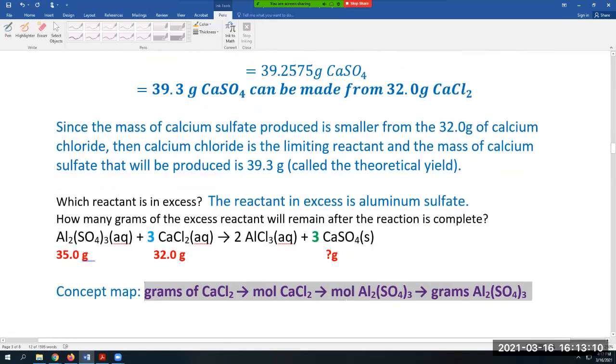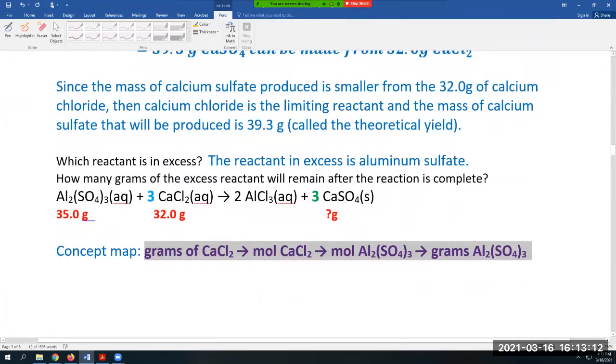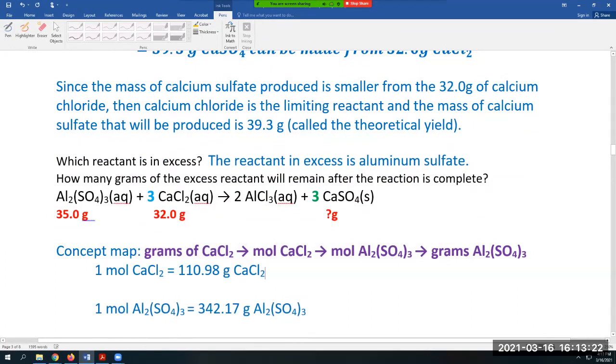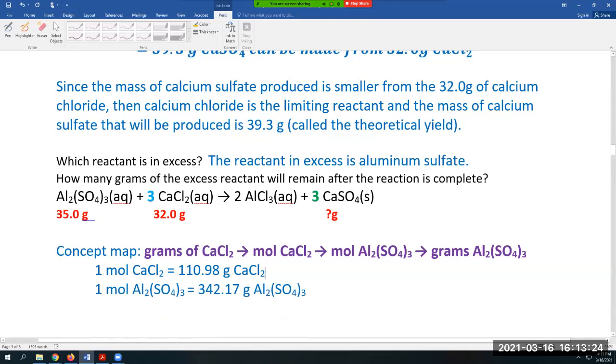So we will need the molar masses, and we have them already. The molar mass of calcium chloride is 110.98 grams. We also have the molar mass of aluminum sulfate, 342.17 grams. And then we need the mole to mole conversion factor between the two reactants.